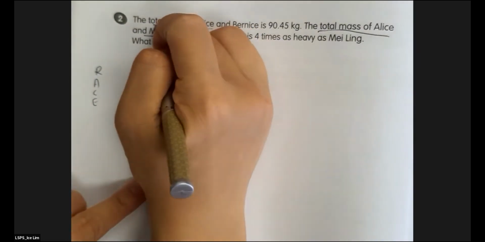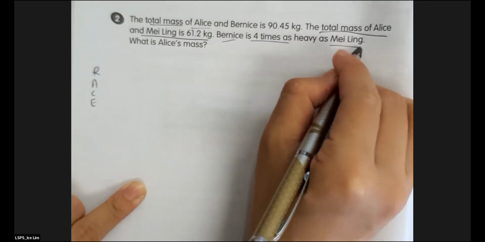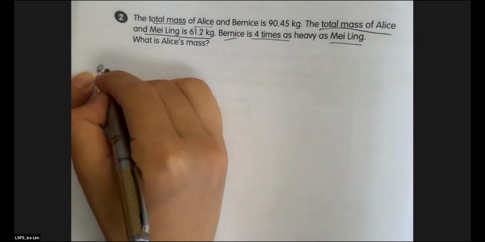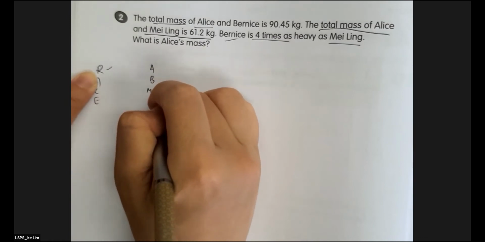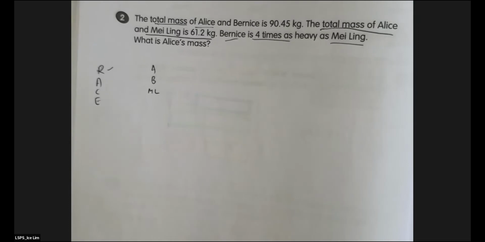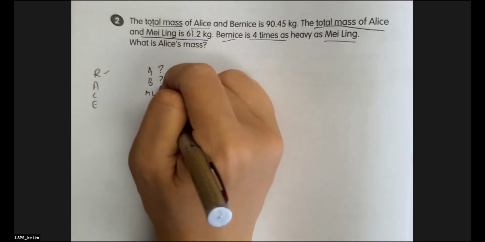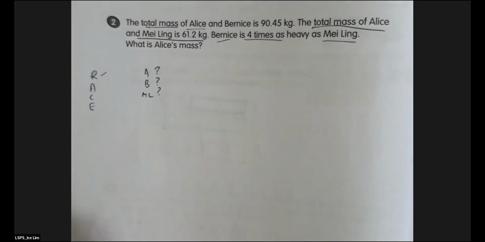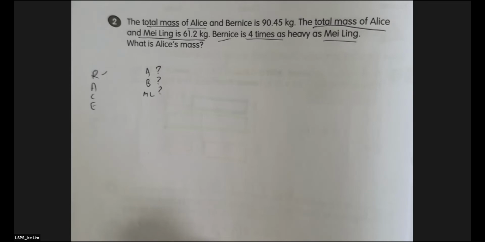So I have a few pieces of information given to me. I have Alice, I have Bernice, I have Mei. The truth is, again, a question becomes complicated when you have all of them being unknown, and whatever is given to you only tells you the relationship between them.